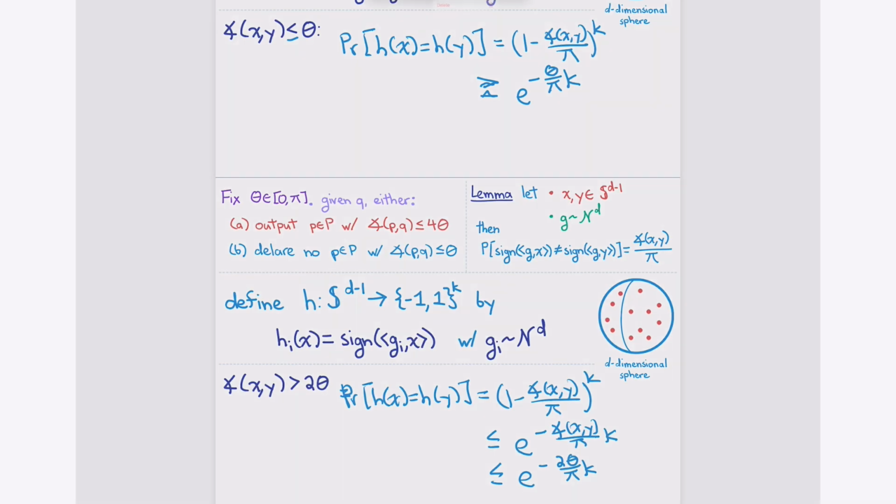That means, for example, the probability of success, the probability that you find a good point, is about e to the minus theta over pi k. If I want a constant probability of success, let's say I chose k, there's this limited probability of success. And I want to repeat the data structure enough so that I have a constant probability of success.